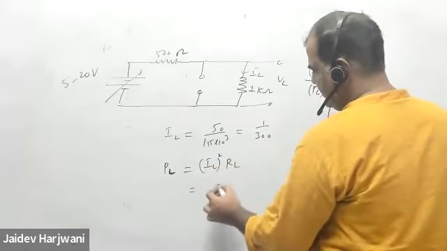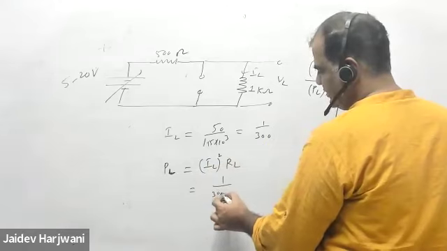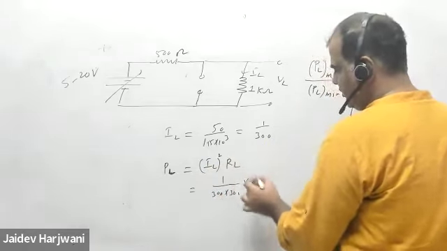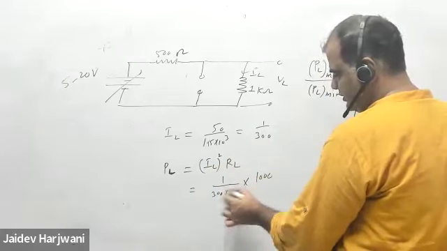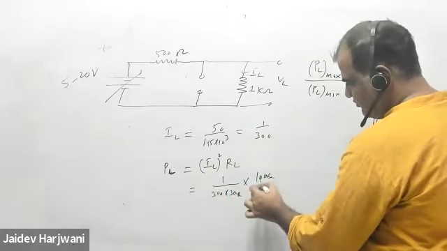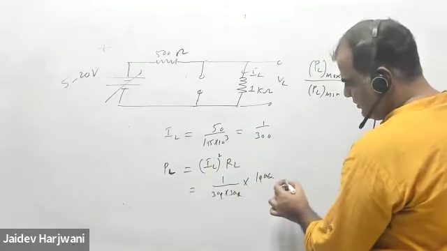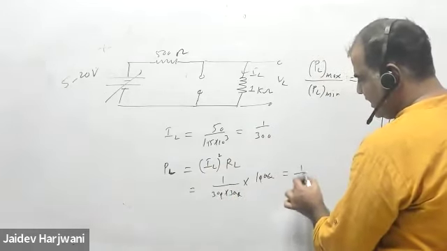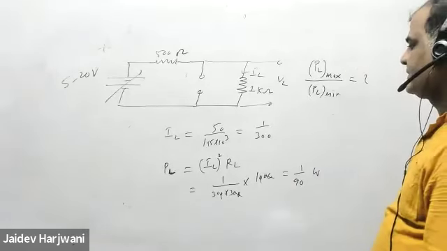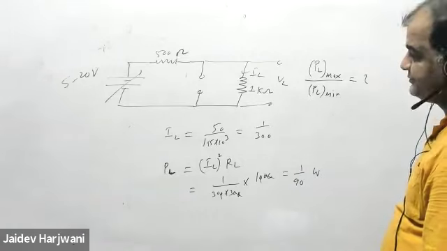And this will be 1 upon 300 into 300 into 1 kilo ohm, which is 1000 ohm. So this 2 cancels out, 1 cancels out. So how much is this coming? Tell me. 1 by 90 watt.